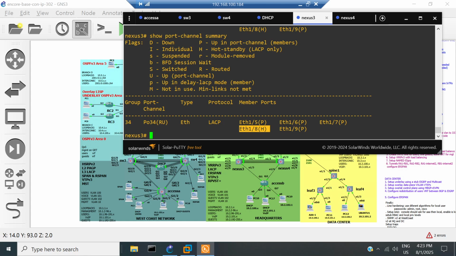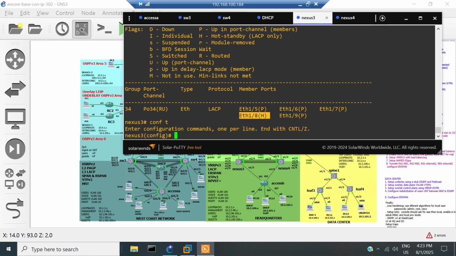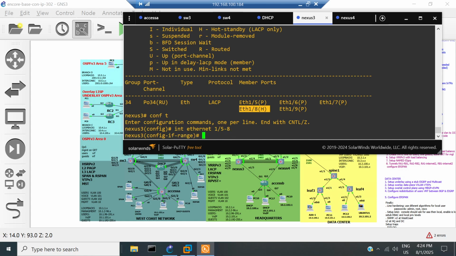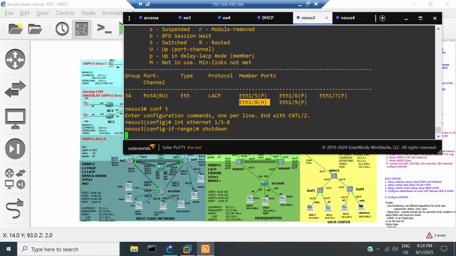Now let's test the min links configuration. Let's shut down 4 interfaces, so only one interface remains up. 1, 5, 2, 8, and I'm going to shut them down, so only one link will remain up.